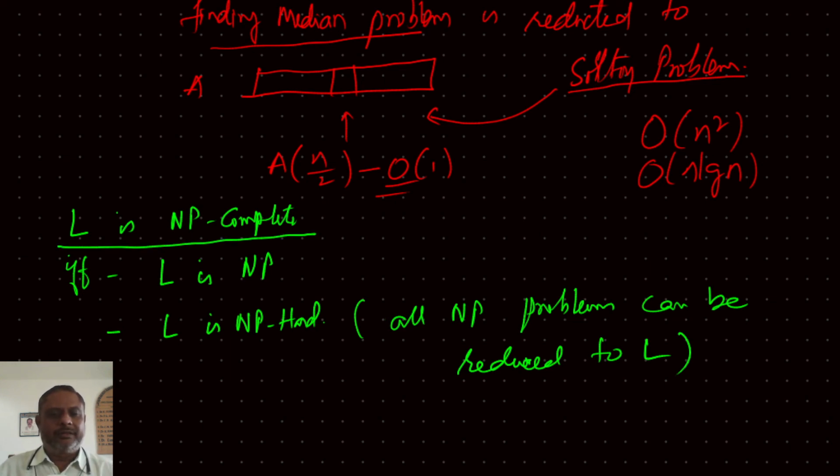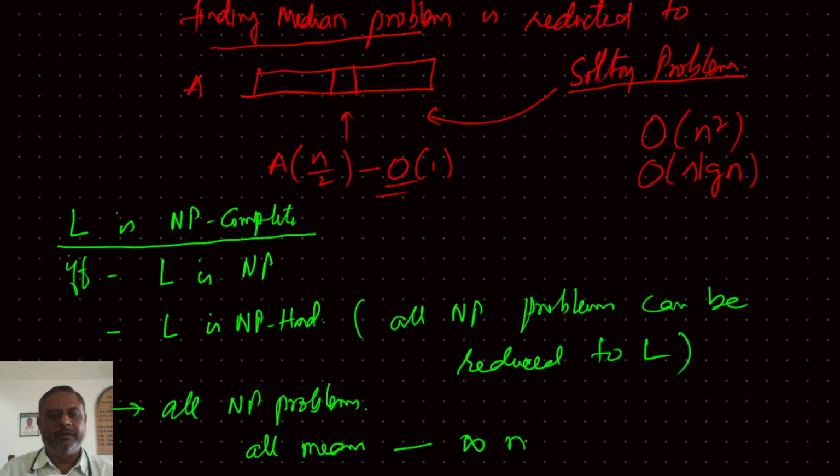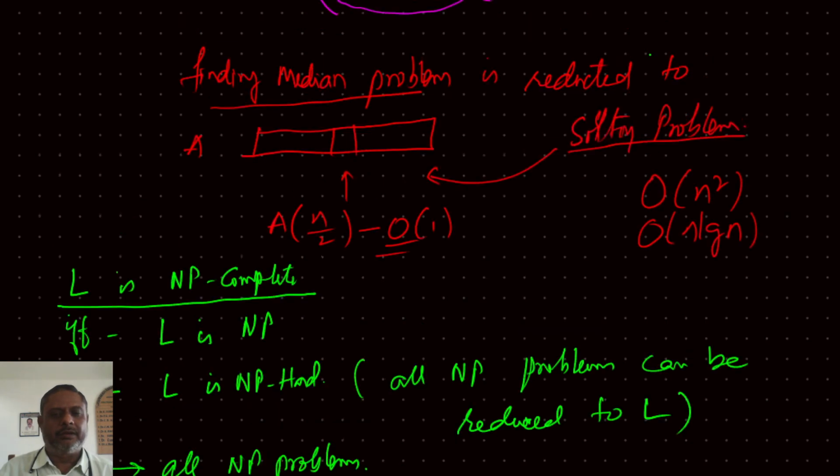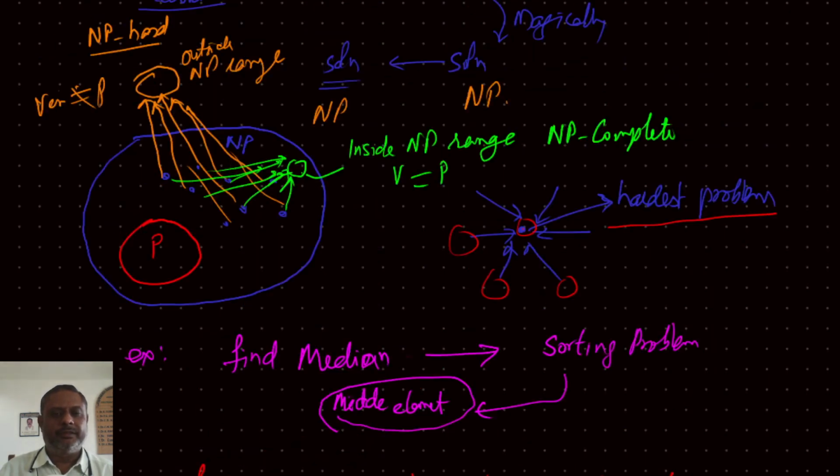Now the question is, you need to identify the problem that can be reduced to by all NP problems. So all means almost infinite numbers. There can be infinite problems in this range.